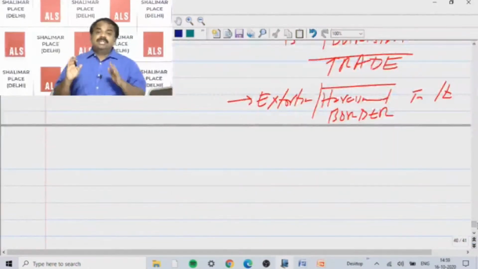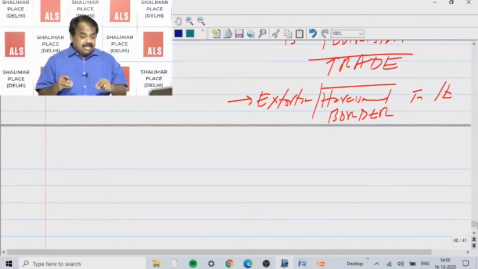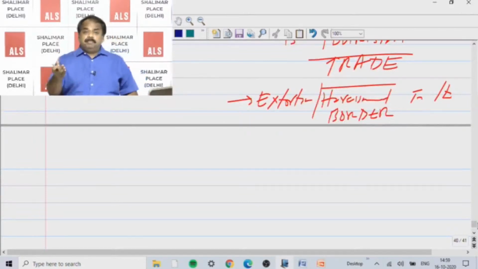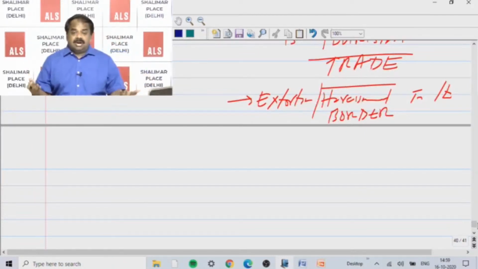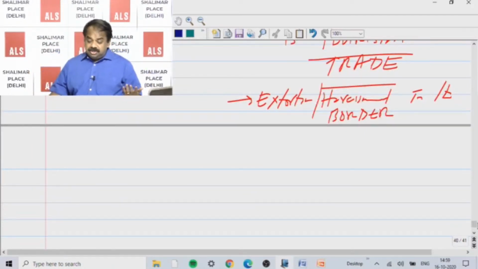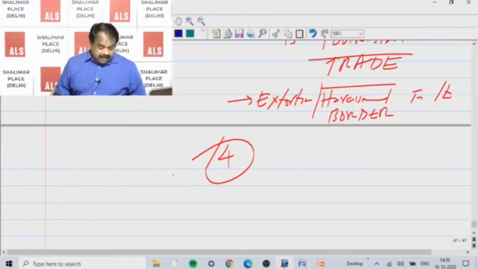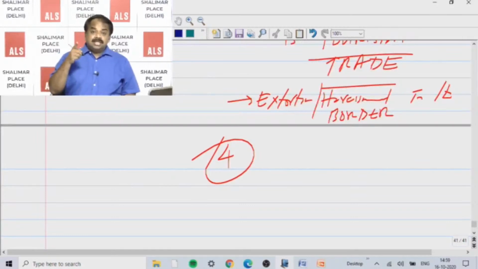So they are always complaining about extortion and harassment, because if a Nepali guard in India is going back, naturally he may not have much contact or control, and in such a situation there is always a chance of some sort of extortion or harassment. They always complain about the harassment at the border. Then the fourth point I would like to add here is the Buddha's legacy.